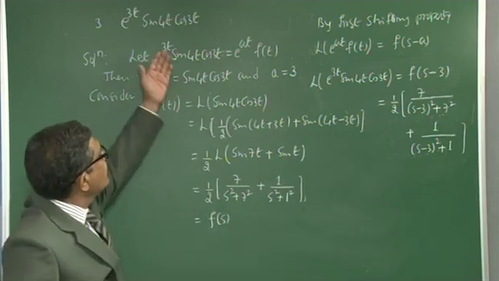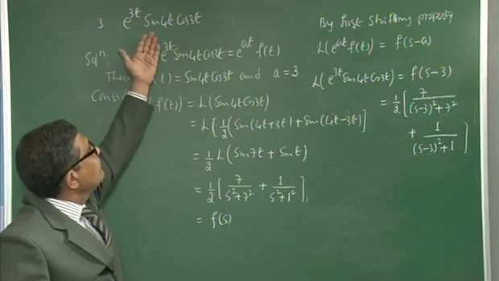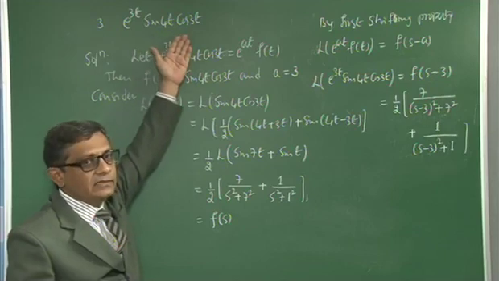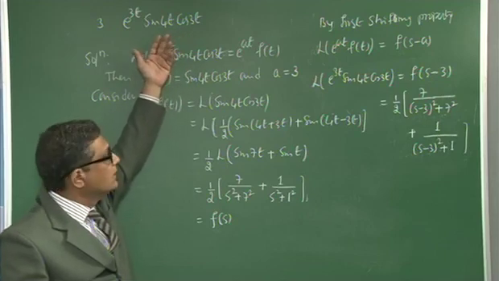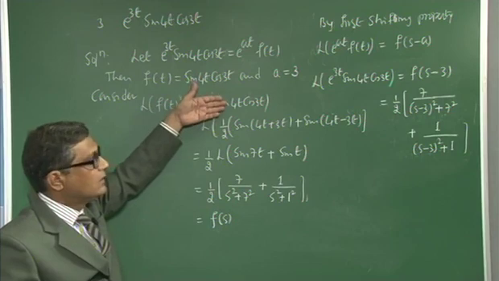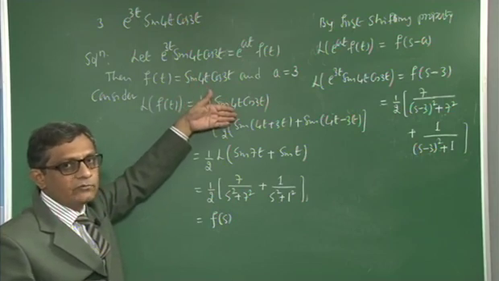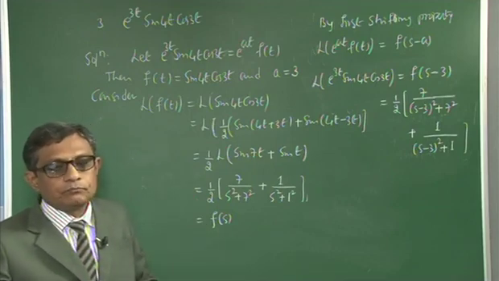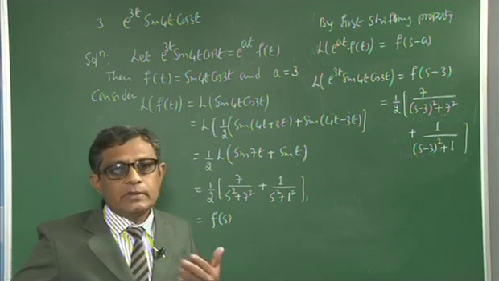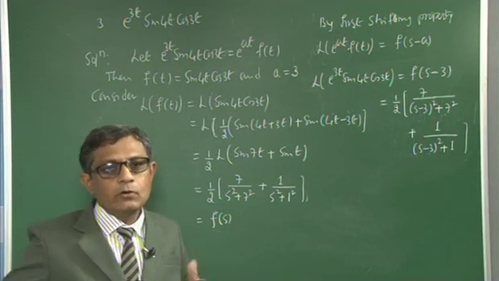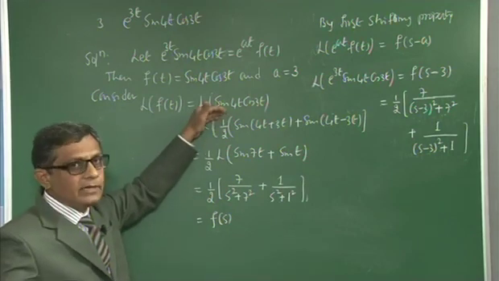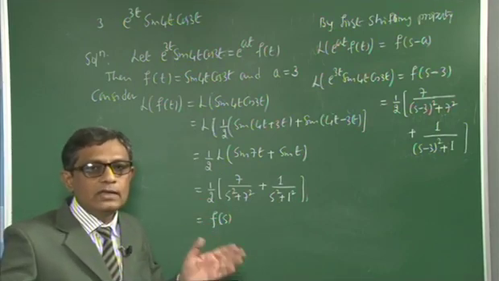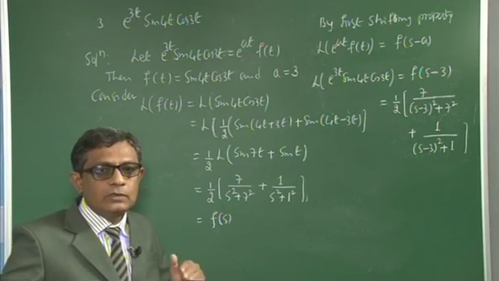Like this, we can do other examples. In place of sin and cos, you can change to cos 4t sin 3t. You can interchange sin and cos. Again here, you have to use the corresponding trigonometric formula: cos a sin b, or it may be cos a cos b, or it may be sin a sin b. If it is sin square theta, 1 minus cos 2 theta by 2.